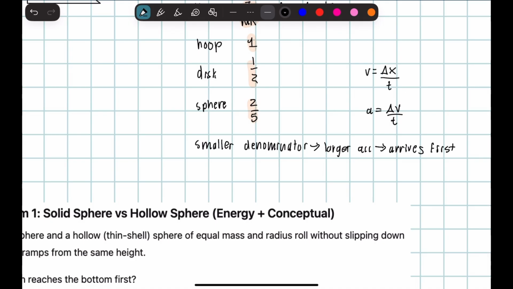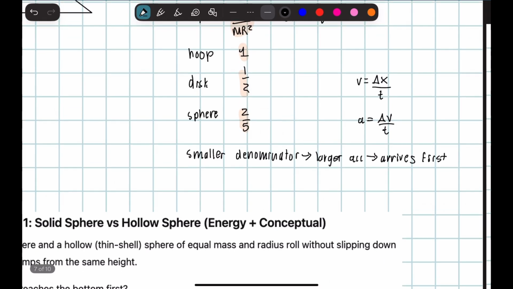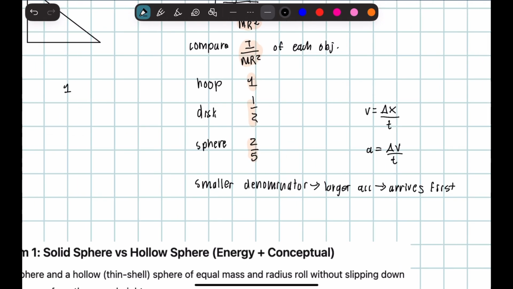So if something moves to point x and point z faster, it gets there first. So your final ranking is going to be 1, the solid sphere, 2, the solid disc, and 3, the hoop, in accordance with the sizes of their denominators.